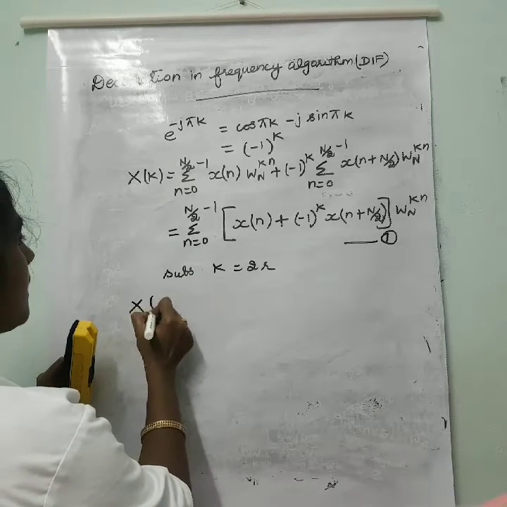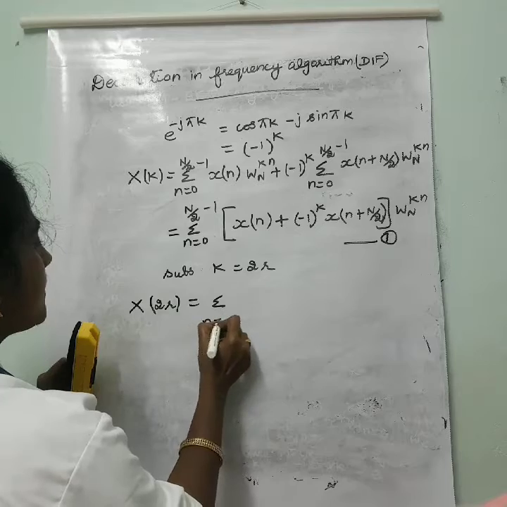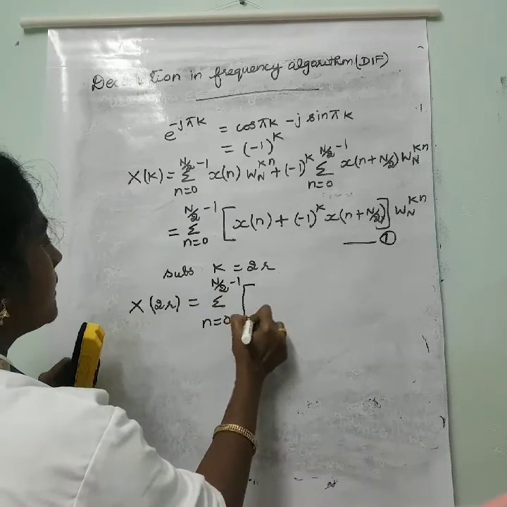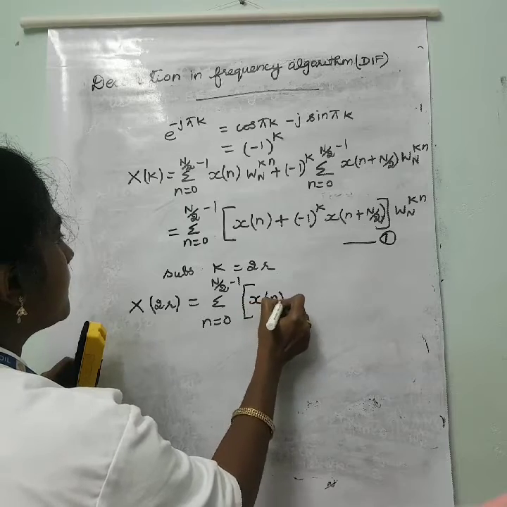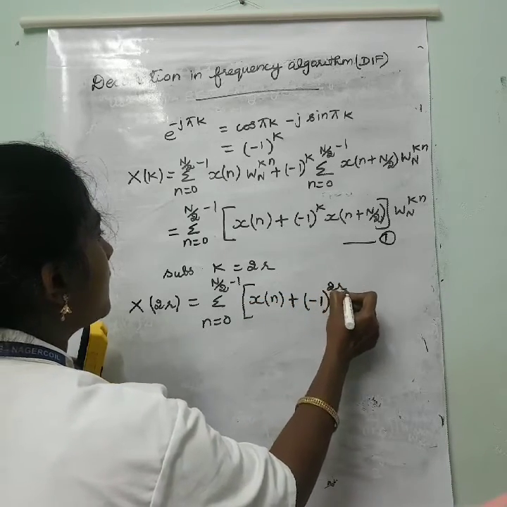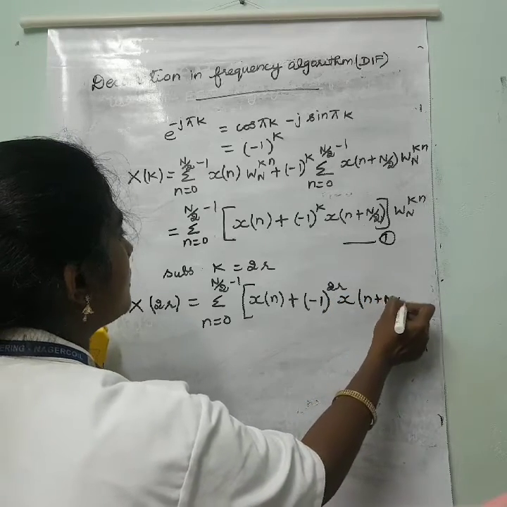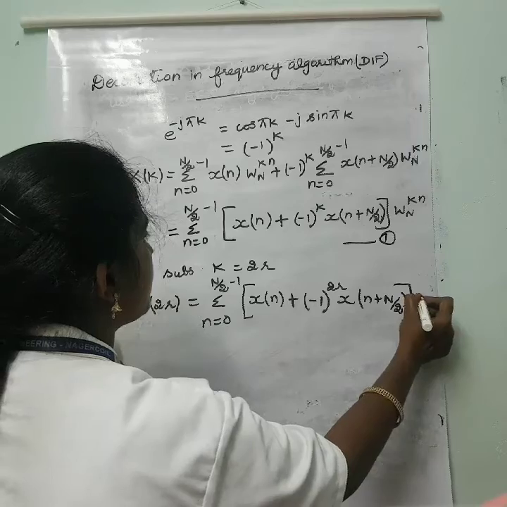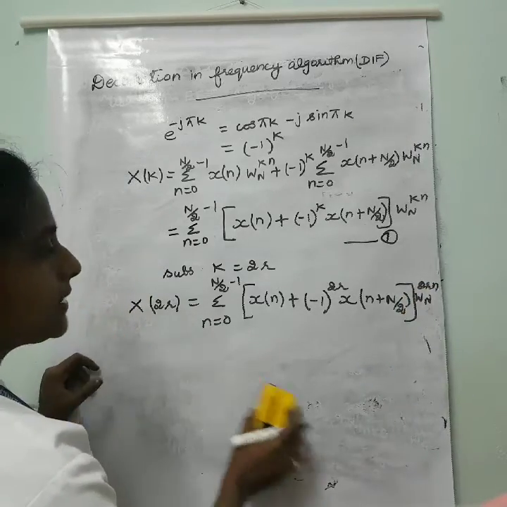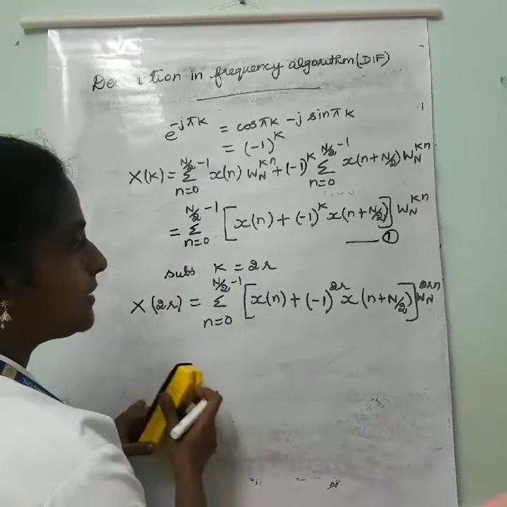So, X of 2r is equal to summation n is equal to 0 to N by 2 minus 1 of x of n plus minus 1 power 2r into x of n plus N by 2 into W_N power 2rn. So you got this equation after substituting k is equal to 2r.